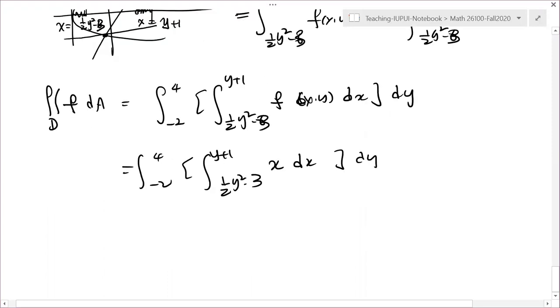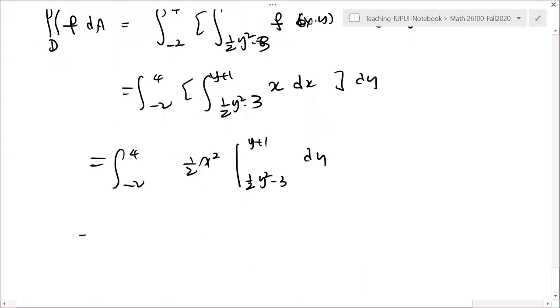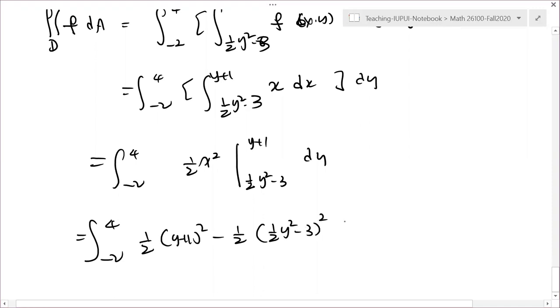Then you evaluate this integral. The antiderivative of x with respect to x is half of x squared, so you get half of x squared and evaluate at those two endpoints. We have to simplify. I'm going to take 1/2 out.